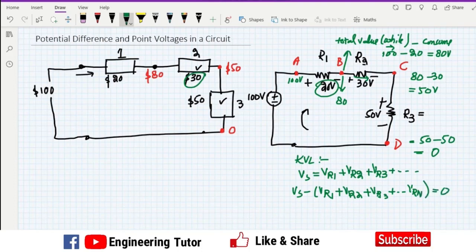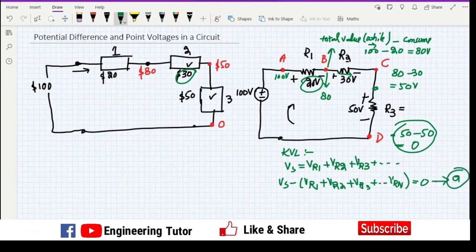So that's why I have told you this rule here, and I have shown you that from the last resistor, all the voltage which was at its one end will be consumed, so that it obeys this equation number A. So this was the basic concept in finding the point voltages and potential differences.